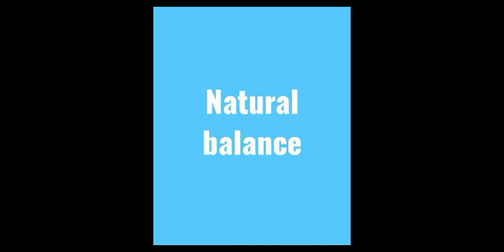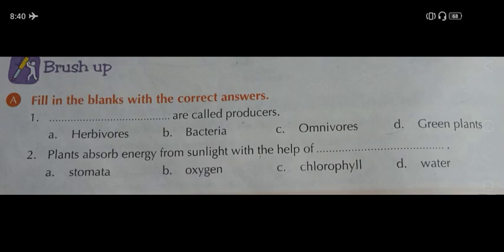Some organisms obtain their food by consuming dead and decaying plants and animals. They are decomposers, such as bacteria, fungi, and earthworms. I have shown you some of the important pictures from the same. Then we discussed food chain and food web.